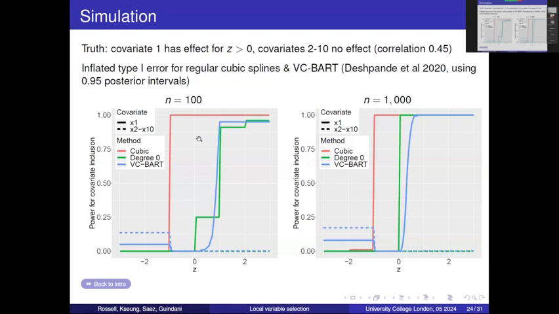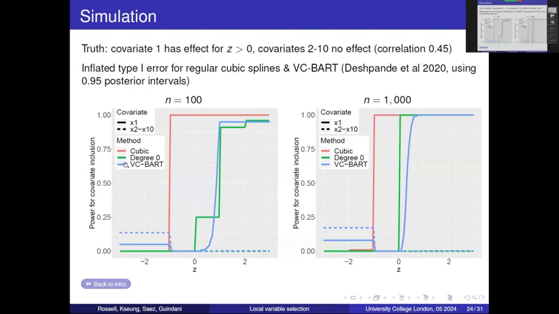is. For n equals 100 it varies, and for n equals 1000, you get a perfect reconstruction. The one in red is what would happen with the standard approach, where we're not using these nominal Bayesian methods. So there's false positive inflation, as you can see, for n equals 100, and also for 1000.